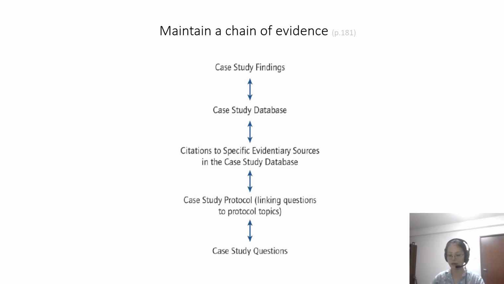Imagine such a scenario. You're reading a case study report and you find something interesting in the findings, yet you want to see what kind of evidence actually led to these findings. So you can trace back to the case study database that was made available by the researchers, and you will see they use different sources of evidence in this database.